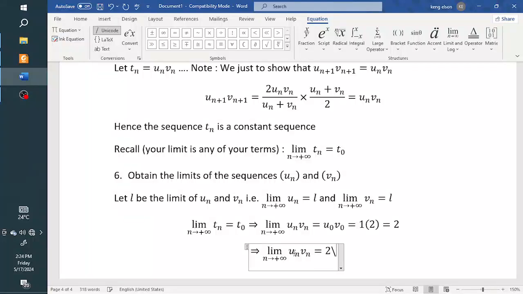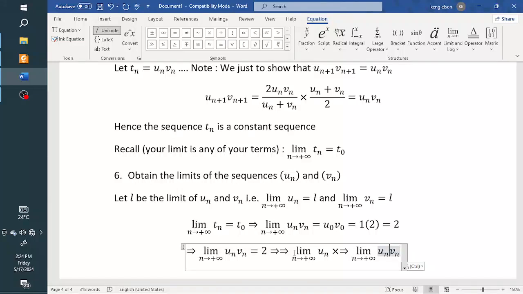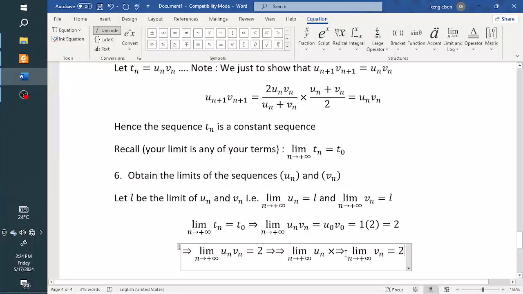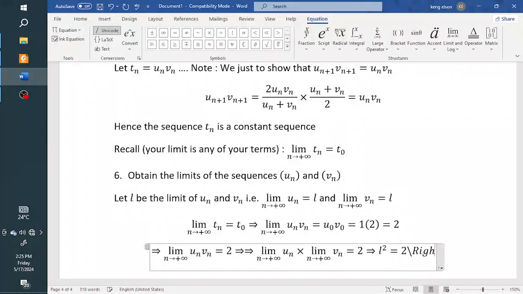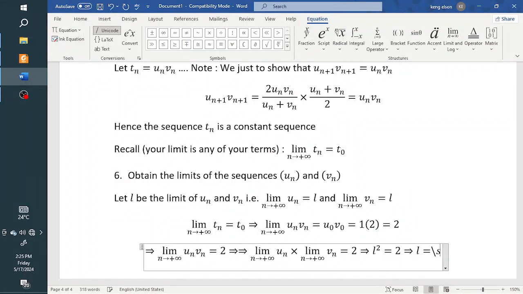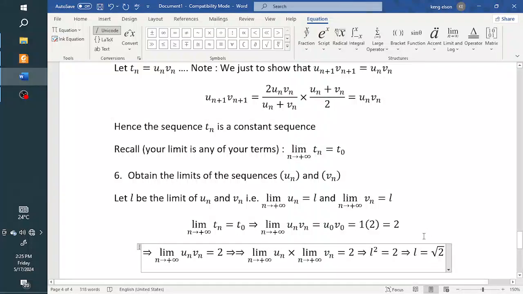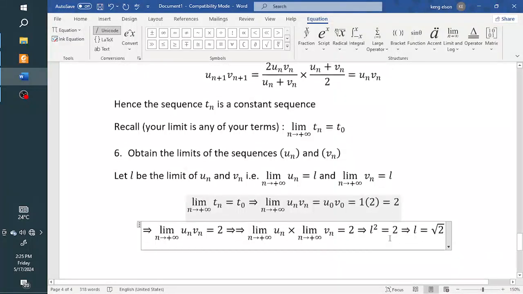But from the properties of limits, the limit of un times vn is the same as the limit of un times the limit of vn, and is equal to 2. So if I replace those respective limits with L, we have that L squared is equal to 2. So L is equal to the square root of 2. We ignore the negative because the sequences are positive, so their limits cannot be negative.